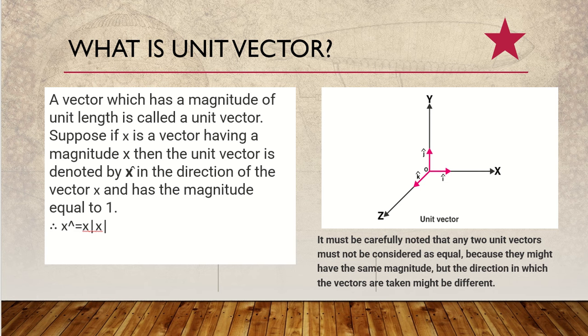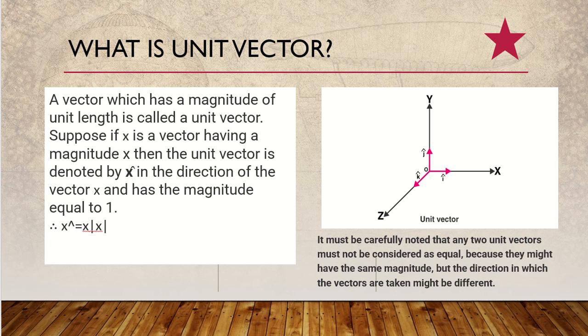So the unit vector has a magnitude of 1 and the symbol given for a unit vector is the symbol of the vector with a cap above it. So the unit vector is given by x cap equals x divided by the magnitude of the vector.